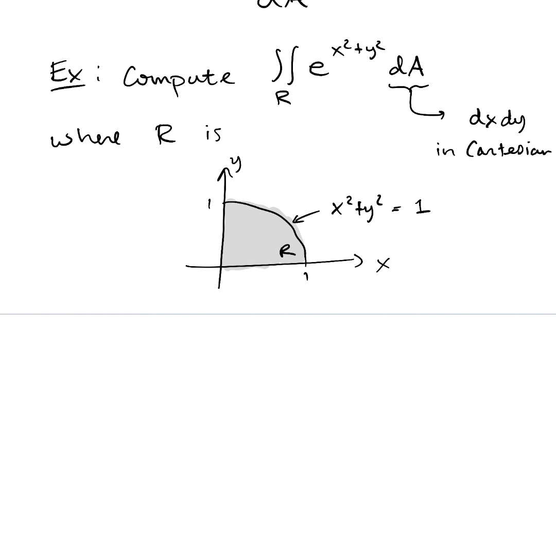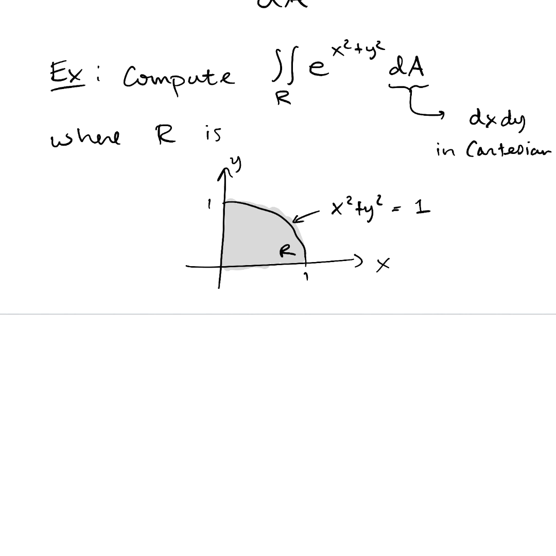And think about the inside integral. You would have to integrate e to the x squared plus y squared dx, or e to the x squared plus y squared dy. To which I say, good luck. It's not happening. There is no way we're integrating e to the x squared plus y squared dx.